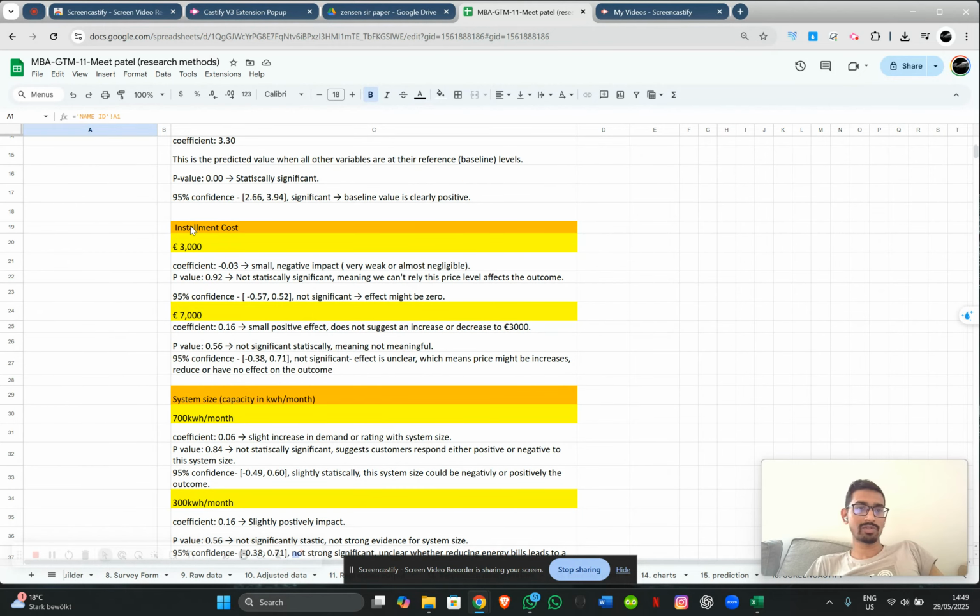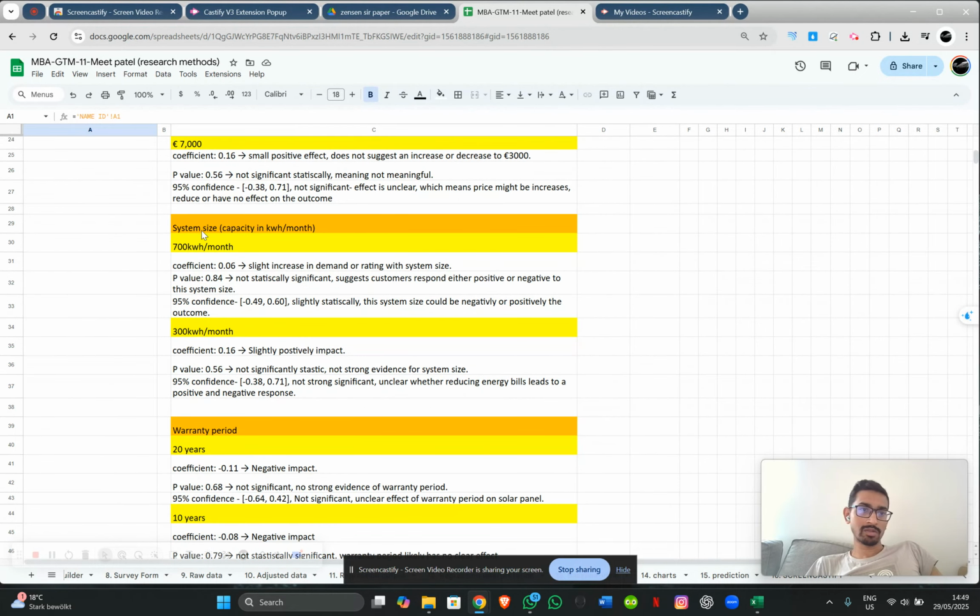Installation cost of 3,000 has a coefficient of minus 0.03 in my project, a small negative impact that is almost negligible. The p-value is 0.92, so it is not statistically significant. It means we can't rely on this price effect for the outcomes.